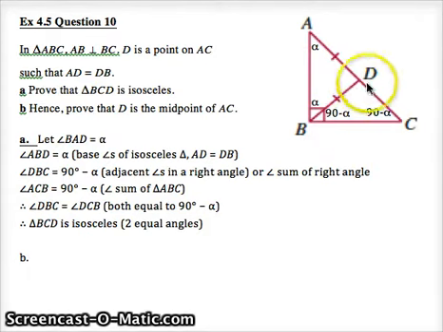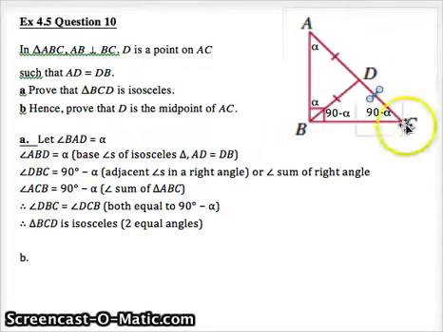But now, because we know that triangle BDC is isosceles and these base angles are equal, we know that side BD must equal side DC. So I'll just mark that in on the diagram with a little dash, meaning that DB equals DC. So we're going to need to write that all up.